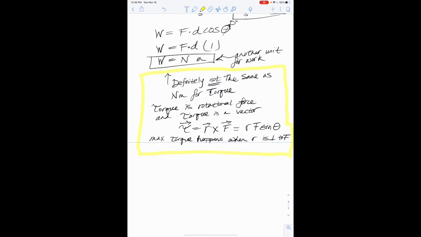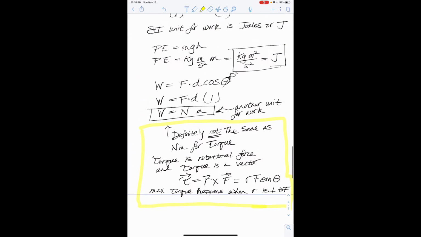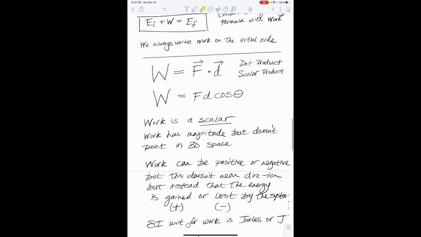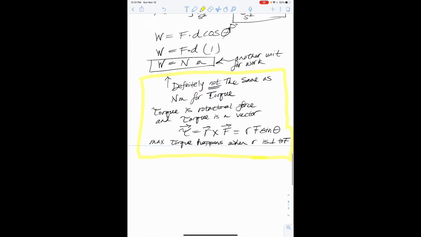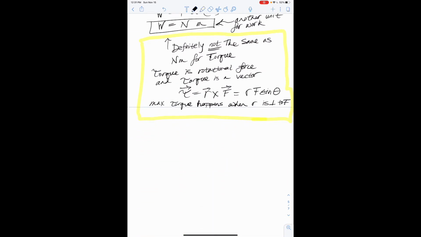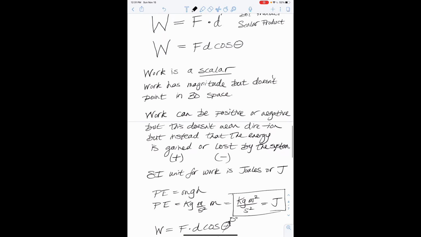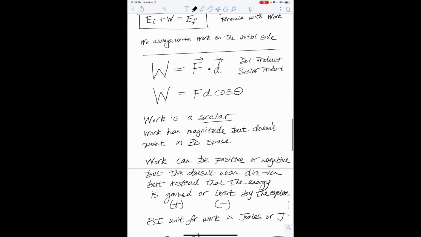But there you can see we have two ways to multiply vectors, right? One is the cross product, which is R F sine theta, mathematically speaking, and produces max torque when R and F are perpendicular. And then we have the dot product, which is what I want to talk about here. So work, I think I wrote it up here. Yeah, I wrote work is the dot product or scalar product.